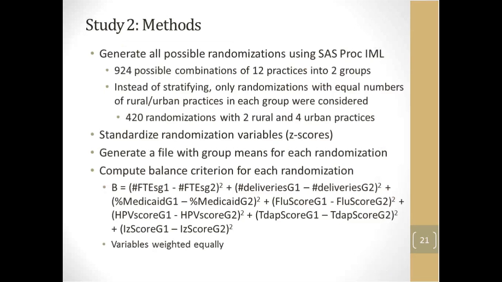Then, once again, we standardized all the randomization variables. We just simply created z-scores, created a file with group means for each randomization, and computed the balance criterion once again. We, again, weighted our variables equally. Okay?